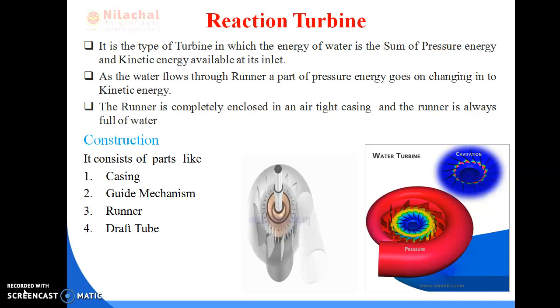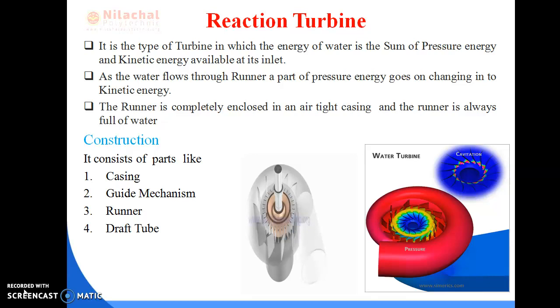The water from the penstock enters into the casing. The energy available at the outlet of penstock is the sum of pressure energy and kinetic energy.